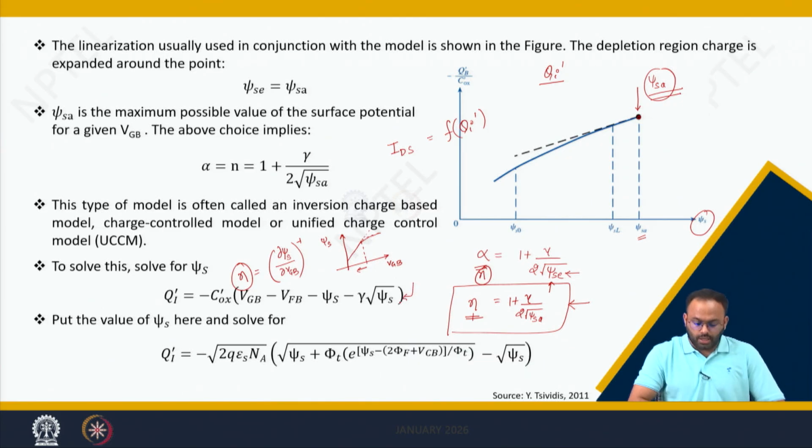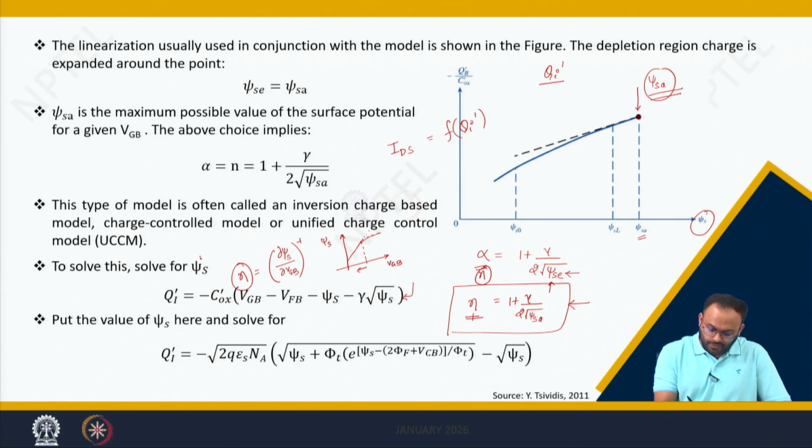This type of model is often called an inversion charge based model or charge controlled model, or in general the unified charge controlled model, or UCCM. How can we solve this kind of model?